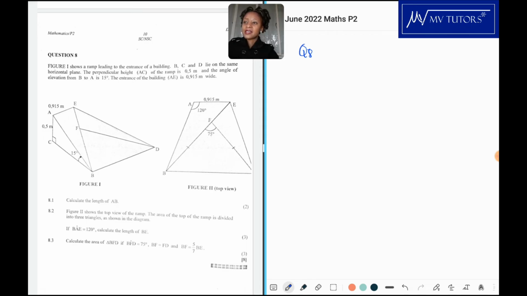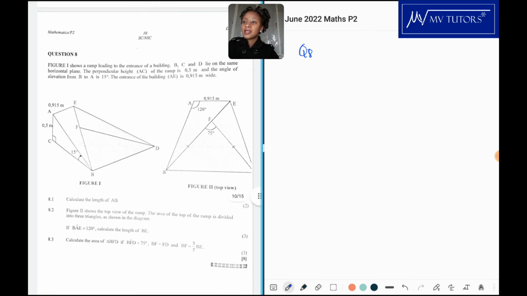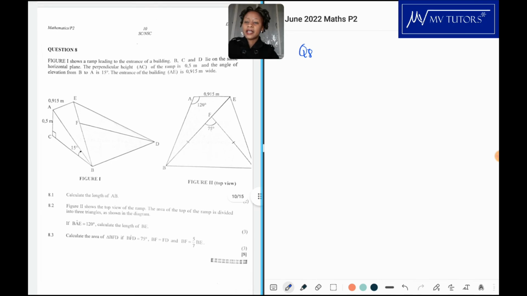We can see it is sketched over there. The entrance of the building AE is 0.915 meters wide. We can see a 3D figure for figure 1, and then in figure 2 we can see the top view. Now it says calculate the length of AB.